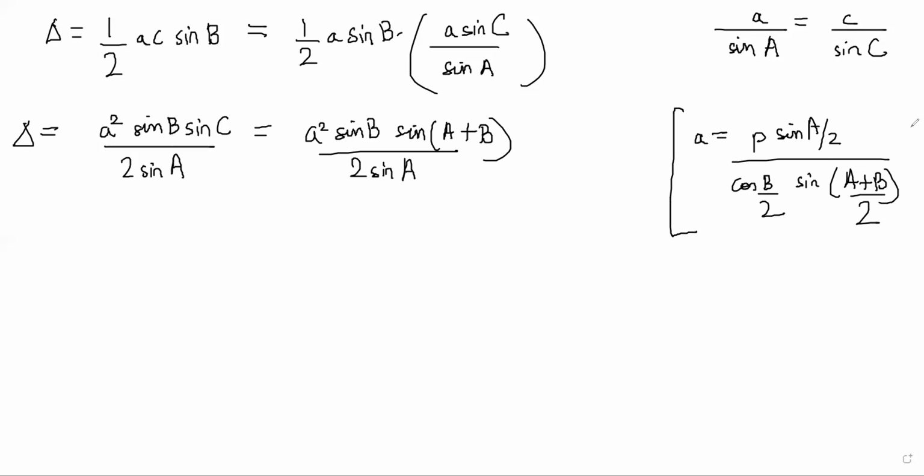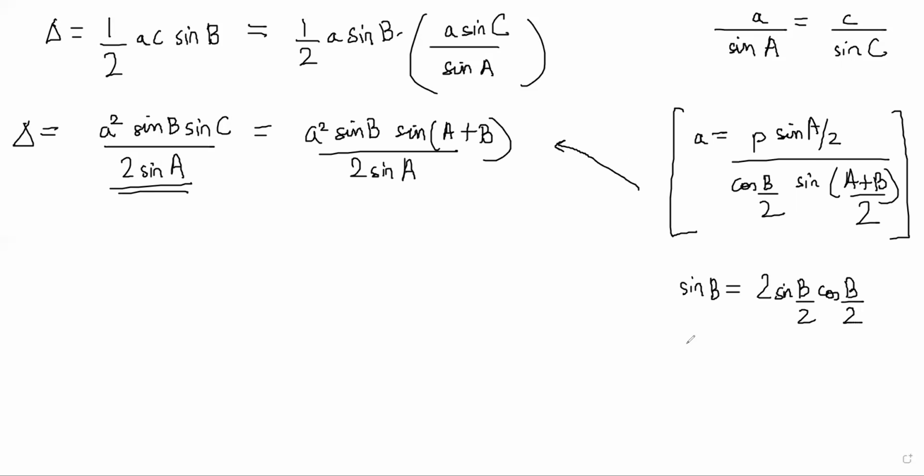If you use this expression for A that we derived in part 1 and put it into this expression, and after that, simplify using double angle formulas. So sine B can be written as 2 sine B by 2 cos B by 2. And similarly, sine C can be written as 2 sine C by 2 cos C by 2. And similarly, simplify for sine A as well.